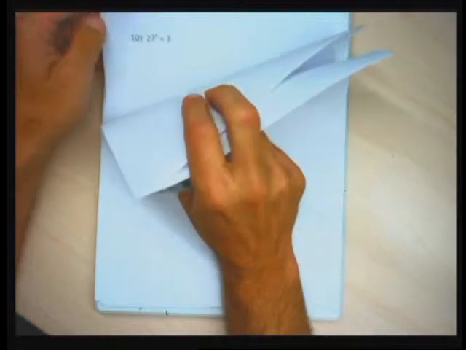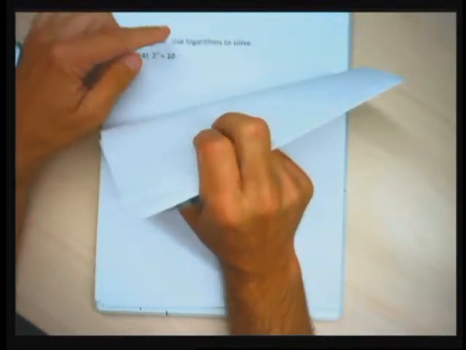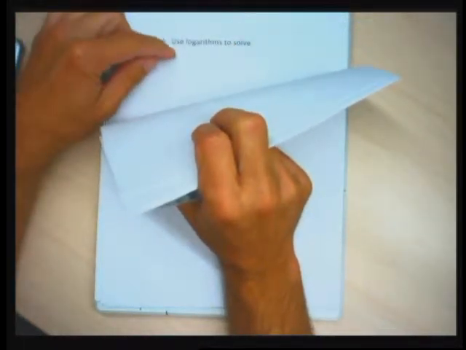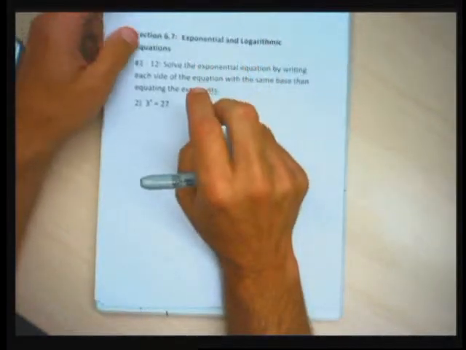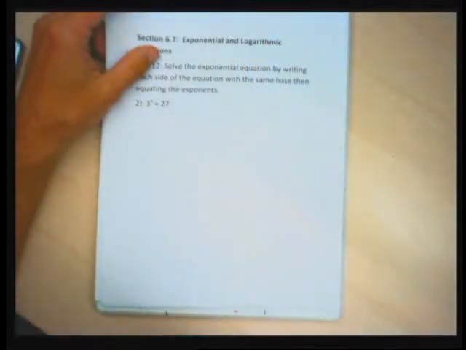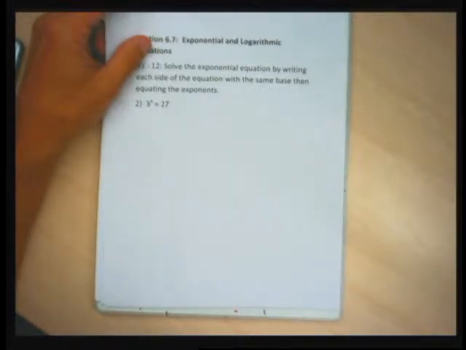Anytime you have a problem that has an x in an exponent, it can definitely be solved using logarithms. Special problems that have x's in exponents can be solved without logarithms by writing each side with the same base. The first 12 problems are special in that way: if you really have a good number sense, you might be able to solve these problems without logarithms.